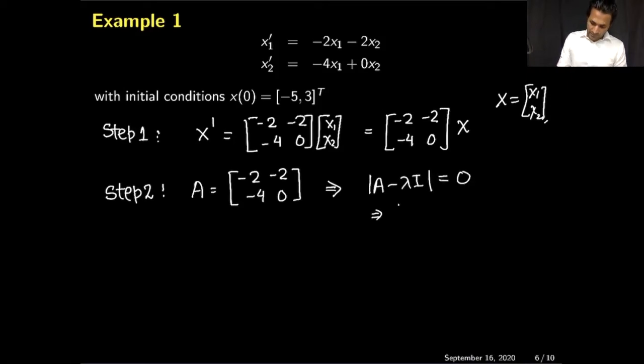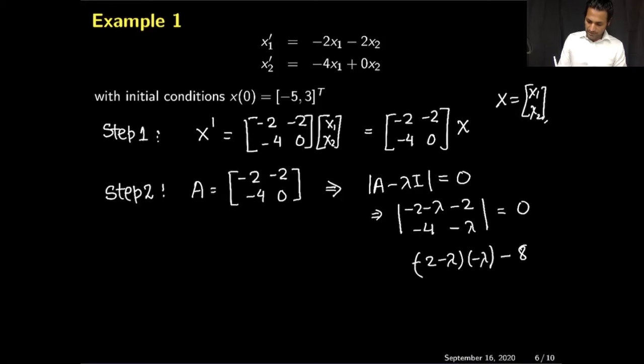So the determinant of 2 minus lambda, -2, -4, minus lambda, set equal to 0. This is going to be (2 minus lambda) times (minus lambda) minus 8 equal to 0. If you simplify this quadratic equation and find its roots, they are 4 and -2.